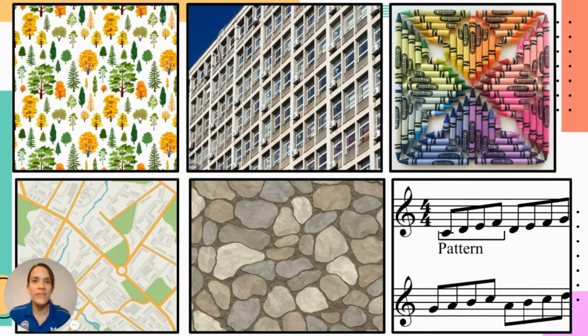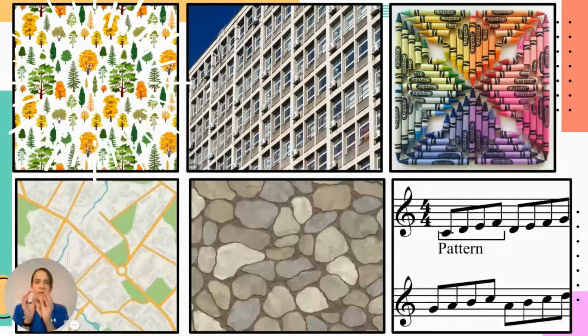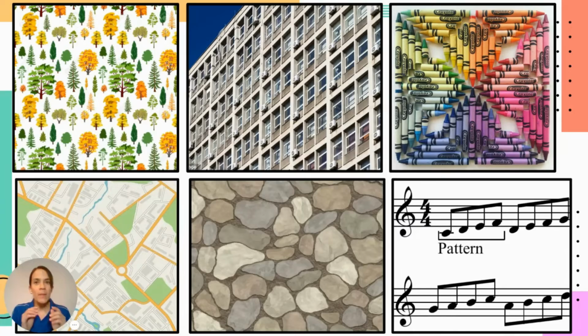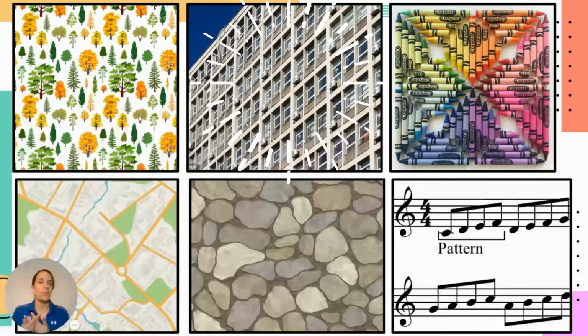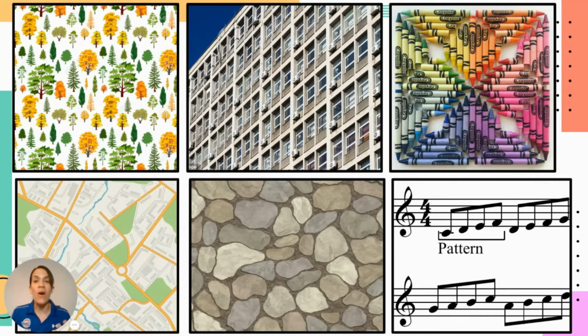For example, look at these pictures. On the first picture above, you see trees, right? They are not in a precise order, but you can spot once in a while a pattern with yellow trees or green small trees, right? Or how about buildings? Buildings create patterns with the shapes of the windows. Or how about colors?